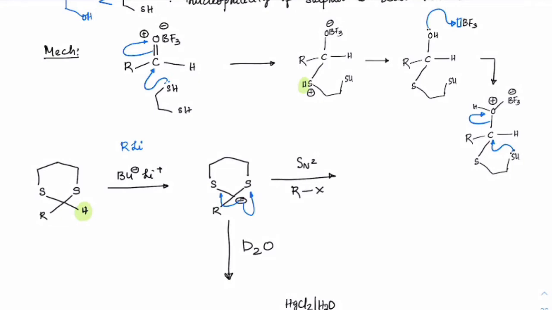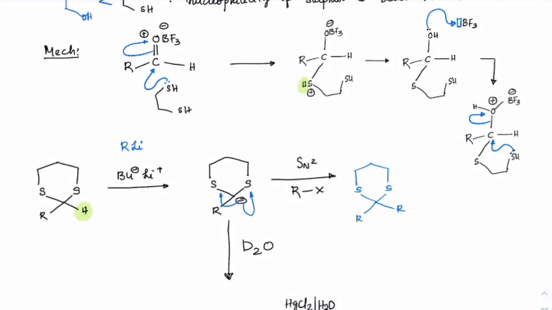So we will get this C minus here, carbanion formation, and it acts like a nucleophile as well as a base. Which means if you treat that with RX, the product formation would be S, sorry, S here with this R already there and one more R will come and X minus will leave.